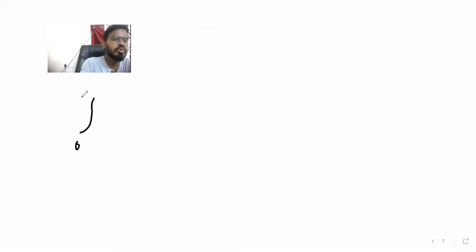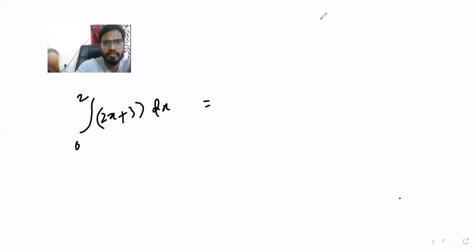Let's see, from 0 to 2, one question is giving 2x plus 3 dx, that we want to integrate. Fine. So 2x, 2 is there already, 2 with x, and then we want to integrate this. How will we do this?